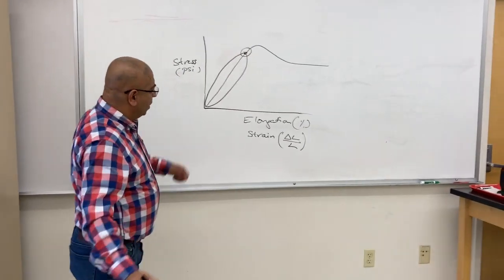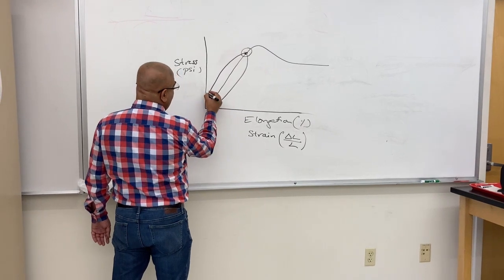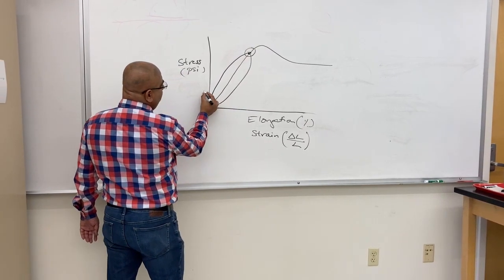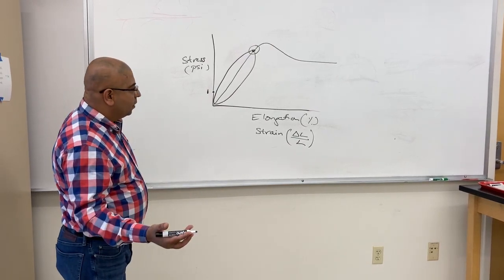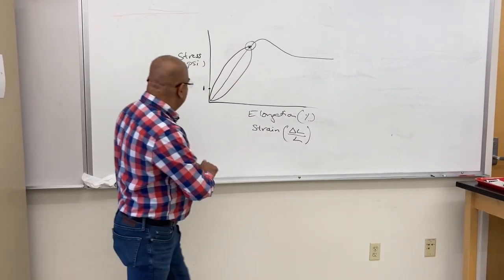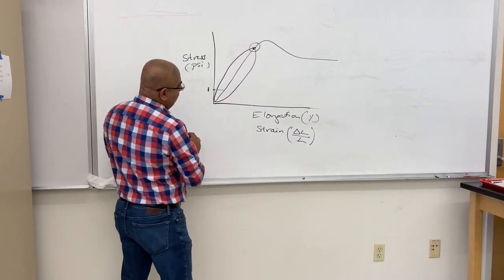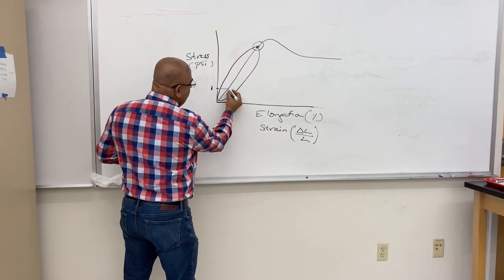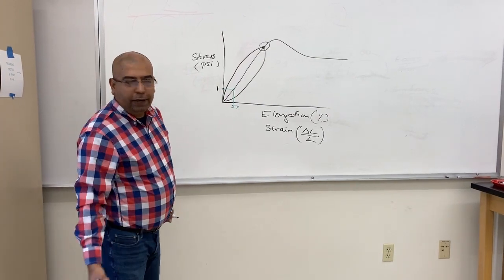To elaborate a little more, what do I mean by linear relationship? Let's just throw some numbers right here. So I got 1 psi force, right? And if I got 1 psi force, because of that, let's assume I got 5% elongation, right?